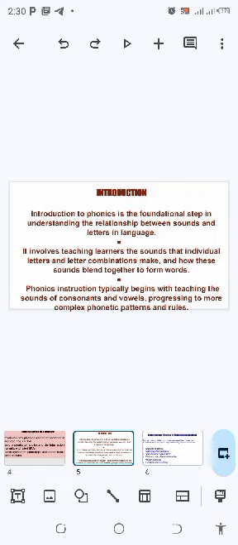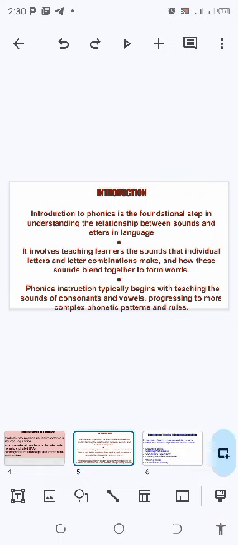We should be able to pronounce them. Then how these letters blend together to form words.